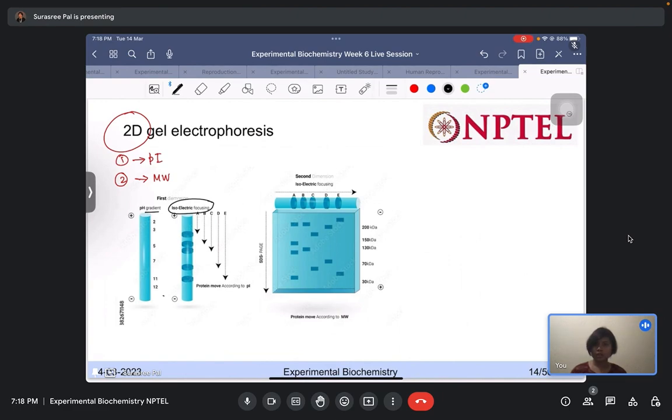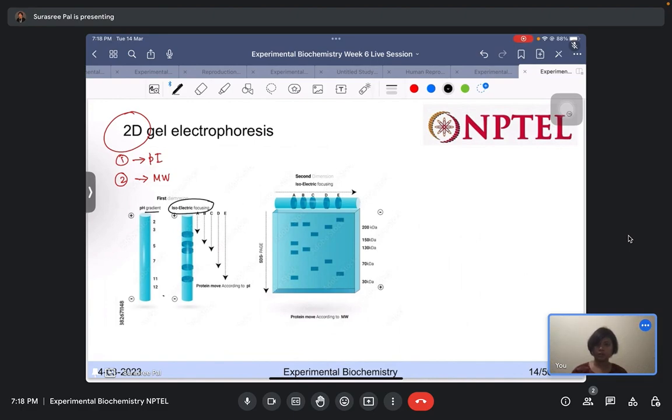When it reaches the point in the gradient where pH is 5, the protein will not be able to move any further because it will not have any charge. It will be neutral at its PI. So the protein will form a band in this zone.